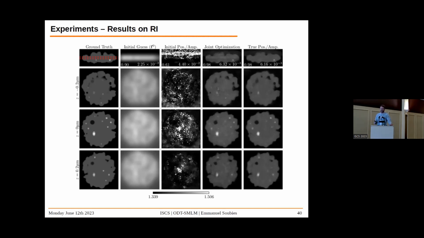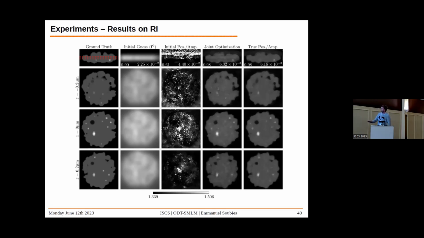And we see that it did not work at all. The fourth column corresponds to the joint optimization. And the last one is when we fix the position and amplitude of the molecules to their true values and we just optimize the refractive index. So it's what we would like to get with our joint optimization, and we can see that we are close to that.